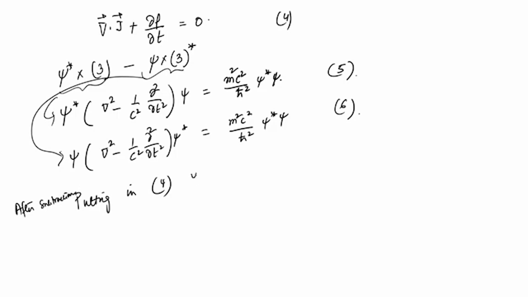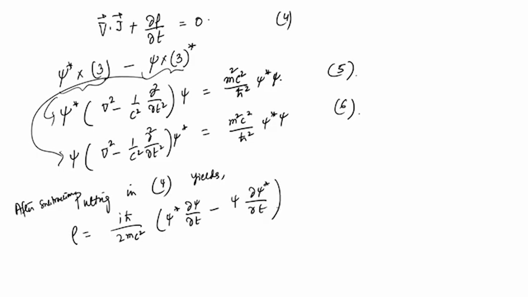Putting in 4 yields the continuity equation with rho given by i h cross by 2 m c square, psi star del psi by del t minus psi del psi star by del t. This can be written as h cross by m c square times the imaginary part of psi star del psi by del t.